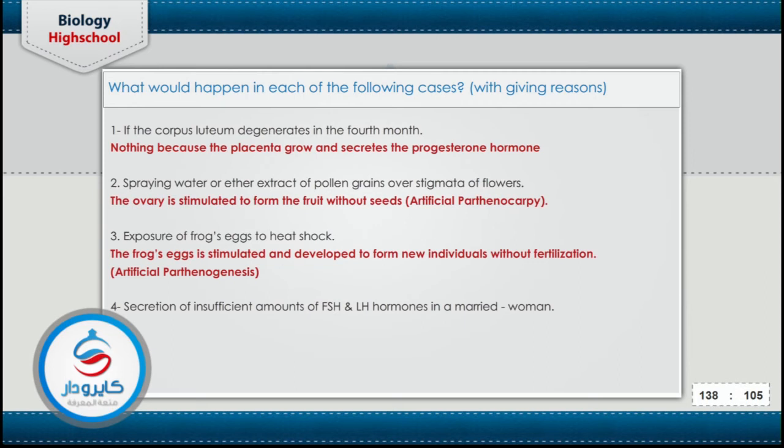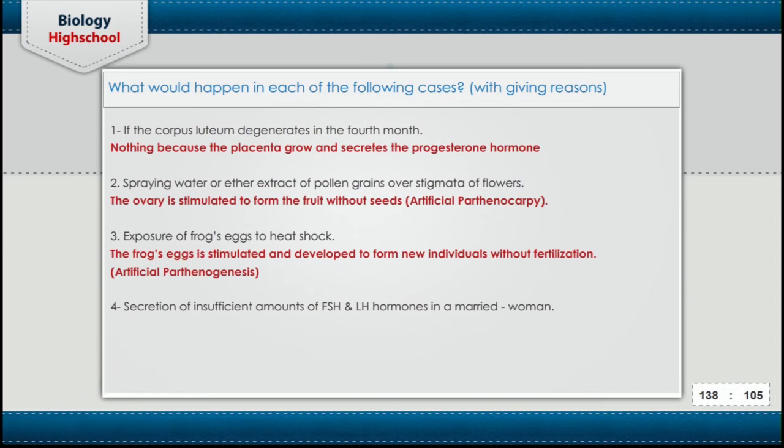The first question: secretion of an insufficient amount of FSH hormone and LH or luteinizing hormone in a married woman. The question asks about the function of FSH and LH hormones. We know that the FSH hormone, secreted from the anterior lobe of the pituitary gland, stimulates the ovary of the female to develop and produce mature ova, inside the graafian follicle which contains the ovum.